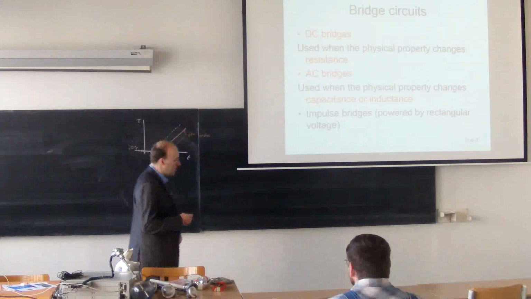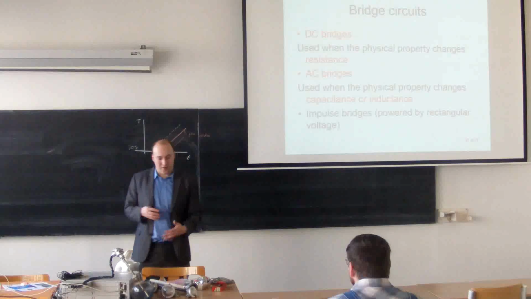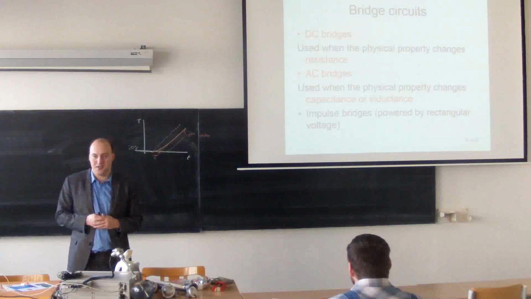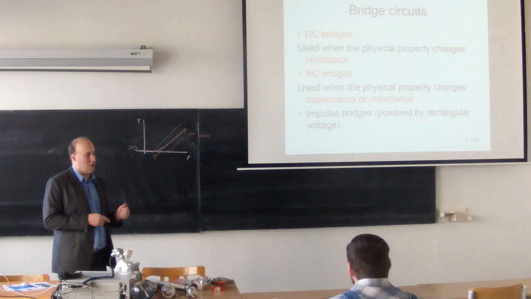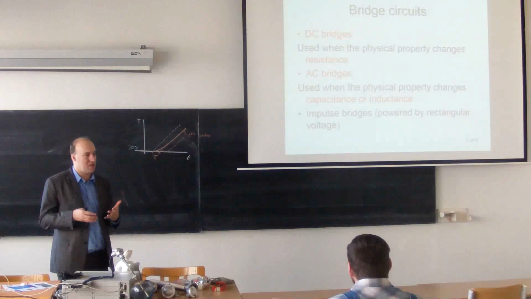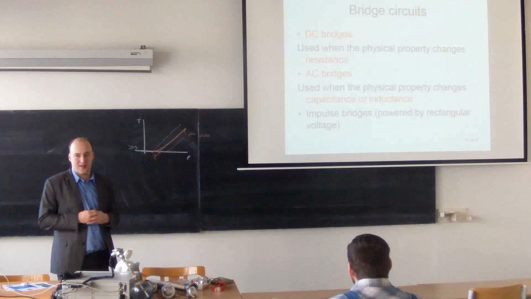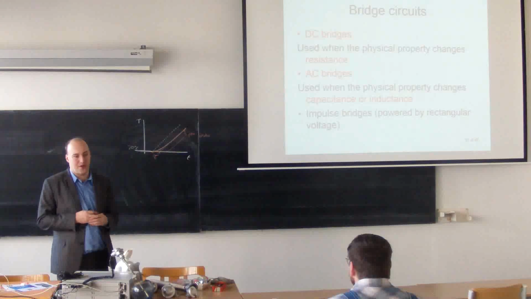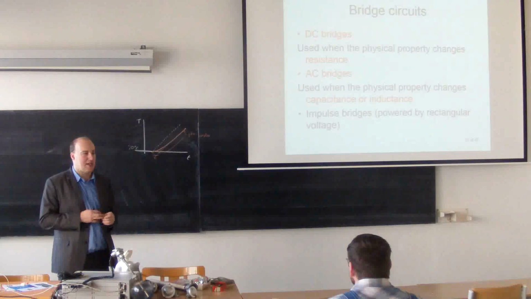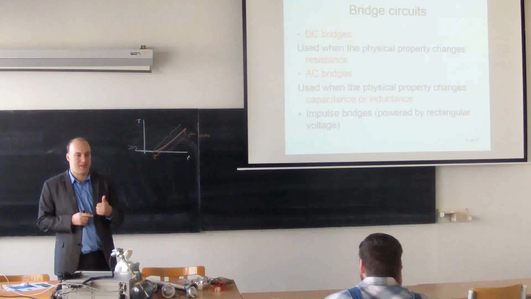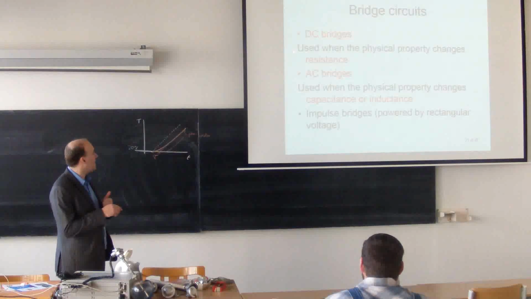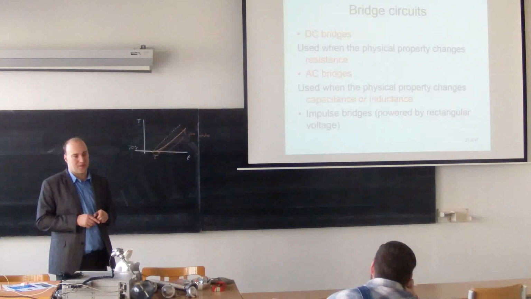So in the DC bridge, we power it with a DC voltage, and the property that the sensor is changing has to be a DC property. So it means it has to be electrical resistance. If your sensor is changing electrical resistance, then you should take a DC bridge.